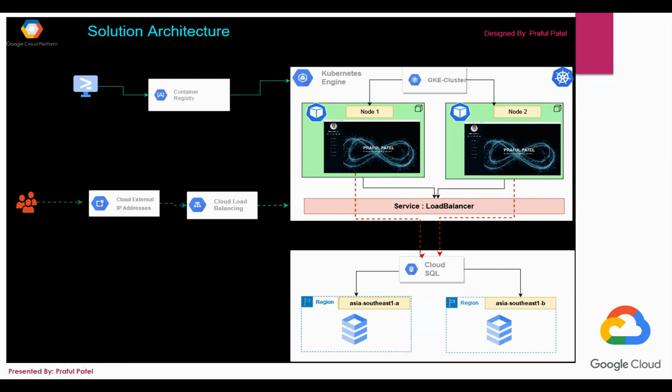And this is the solution architecture of the entire deployment process, showing how it is going to be processed in the cloud. As can be seen, there is a Cloud Shell on the top left. Using the Cloud Shell, we will containerize the web source code and push it to Google Container Registry, and from there it will be deployed to Google Kubernetes Engine.